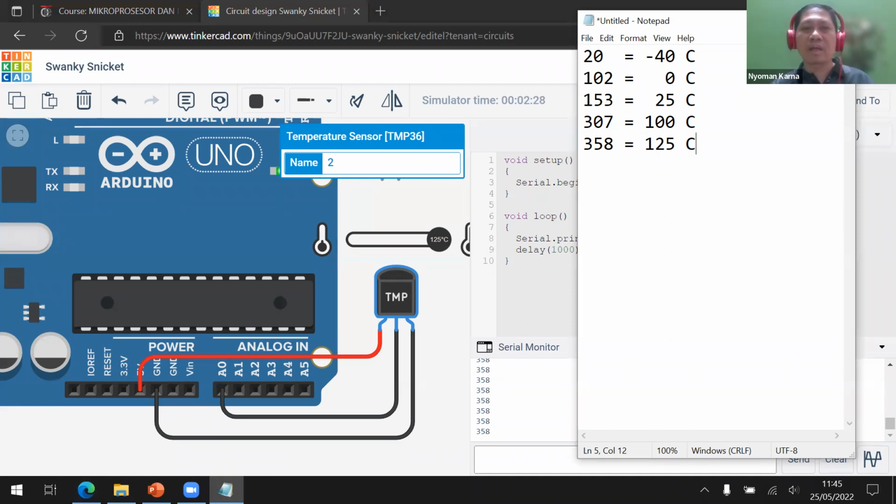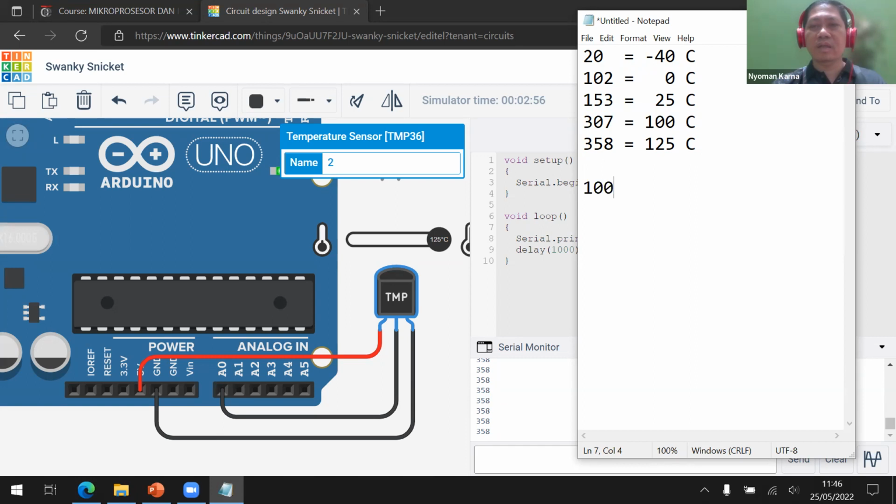Okay. So now, how do we make the calibration? How do we understand that if the Arduino says it's 200, what does 200 represent in degrees Celsius? We can just use interpolation. Let's say I'm going to use this value and this value.